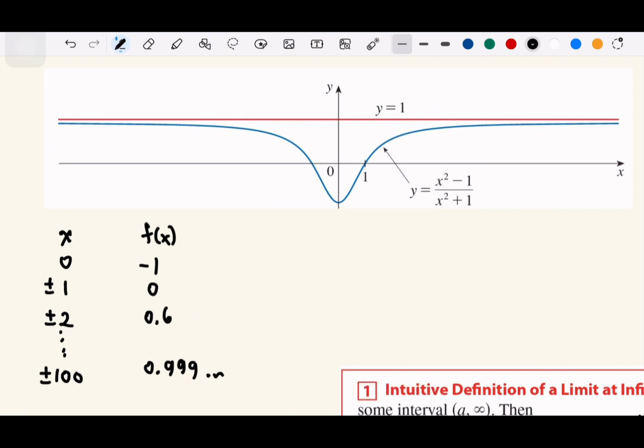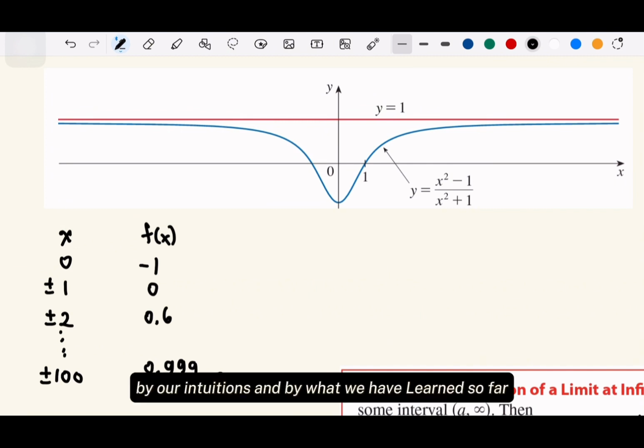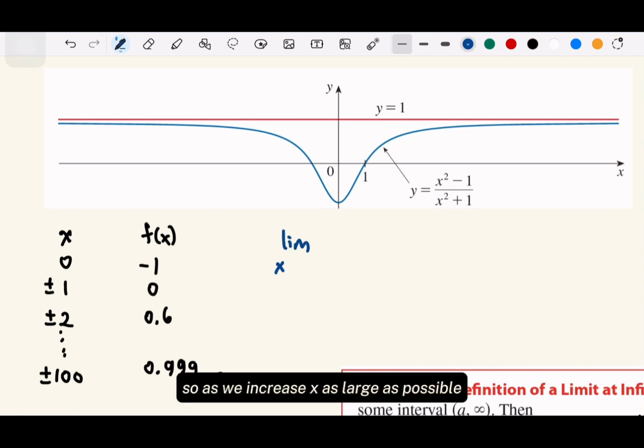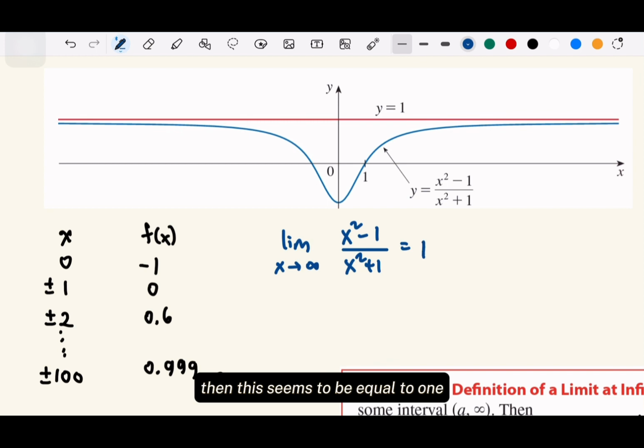So by our intuition and by what we have learned so far, this is an indication that we can use limits. So we can express this in limit symbols. As we increase x as large as possible, or we can just write x getting to infinity, then this seems to be equal to 1.